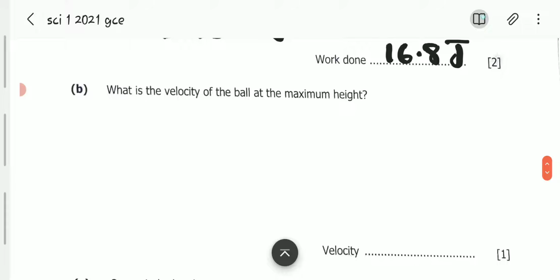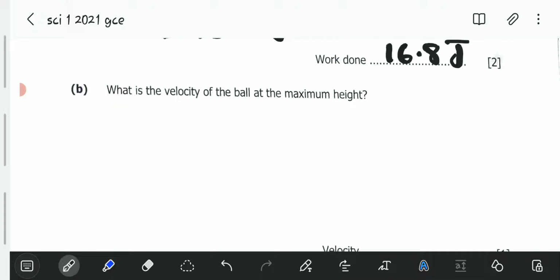B is asking, what is the velocity of the ball at the maximum height? When you throw something up, it takes on this trajectory.